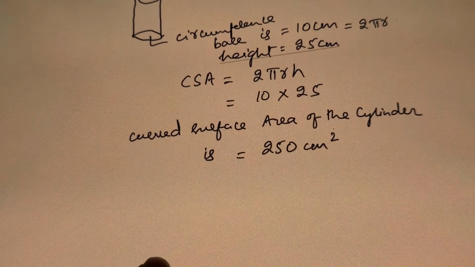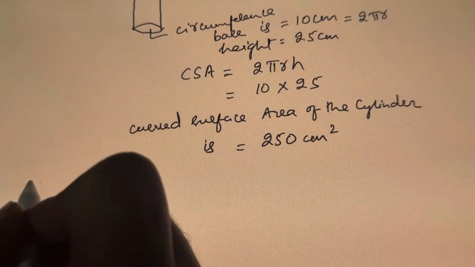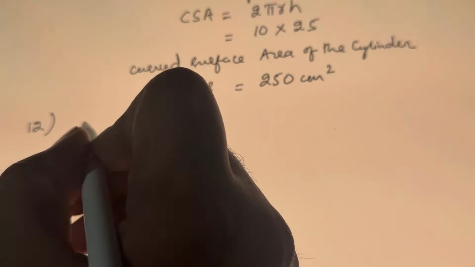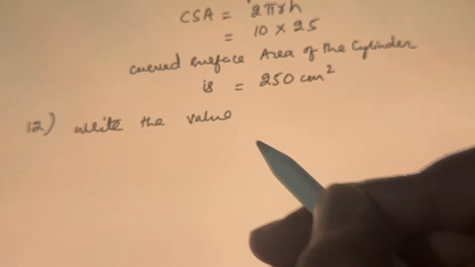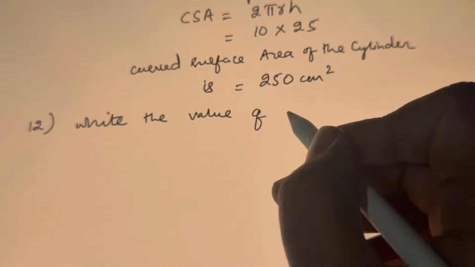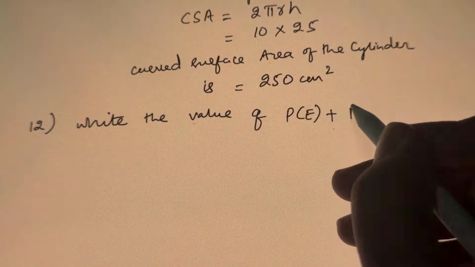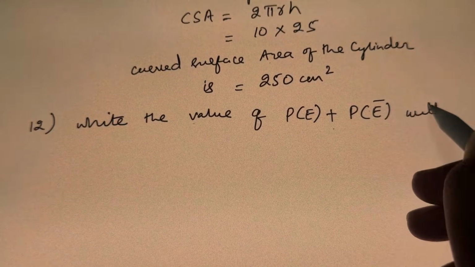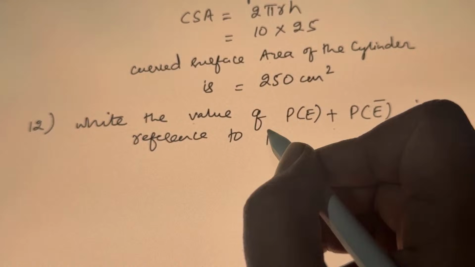Moving on to the next question, we have question number 12. Write the value of P of E, probability of an event, plus probability of not happening of an event, with reference to probability.